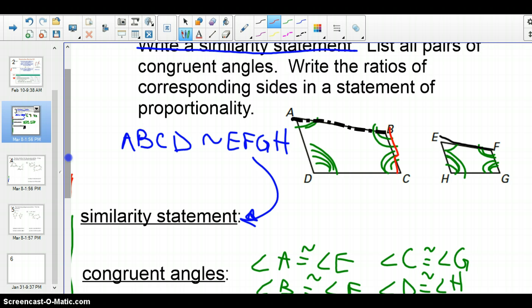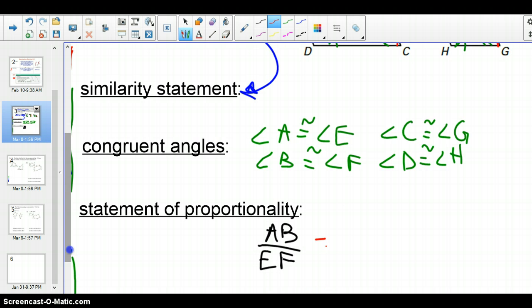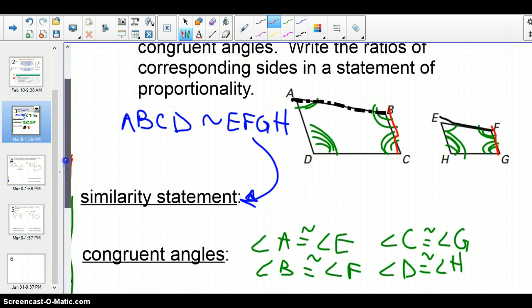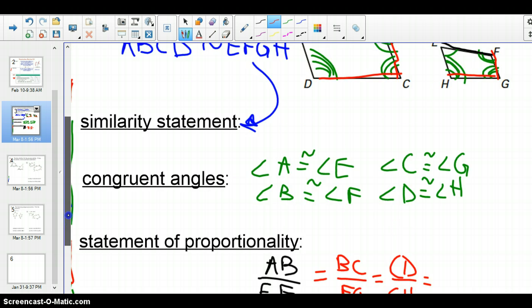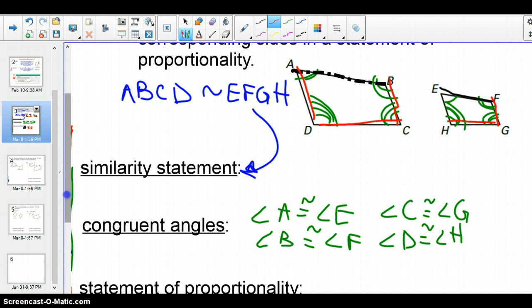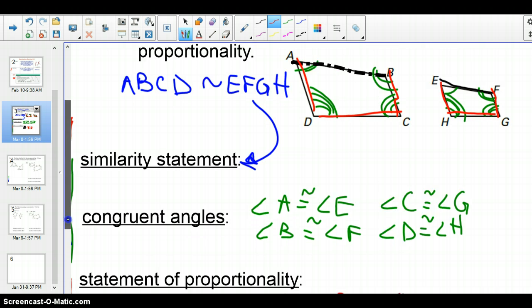So BC is proportional to FG because they're corresponding. And CD is proportional to GH. And then last side, DA is proportional to HE.